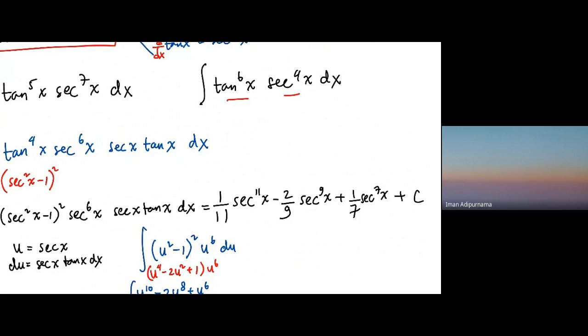If we are looking at tangent with power of 6 and secant with power of 4, if we separate the secant tangent, the power will be odd, right? So maybe not that way. Probably we need to separate the secant squared, and because they're already even, then we can exchange tangent squared and secant squared because we have the identity.